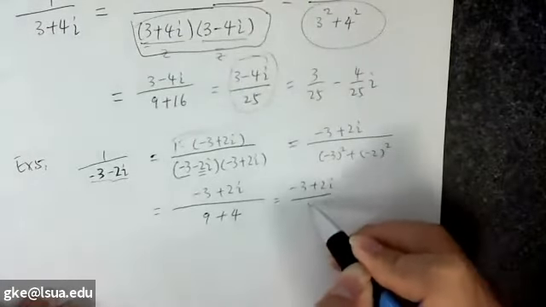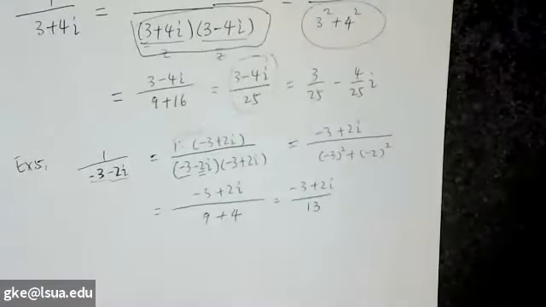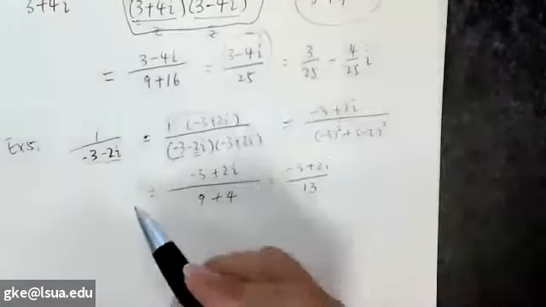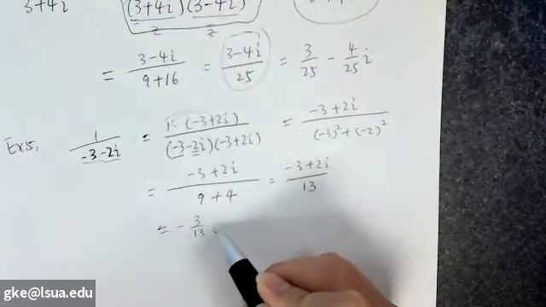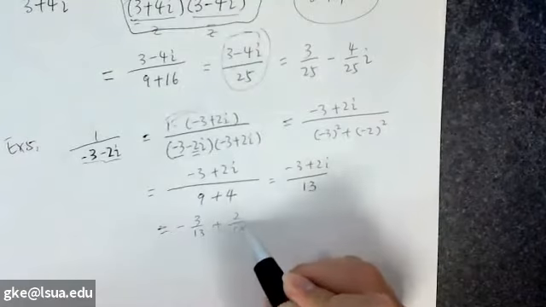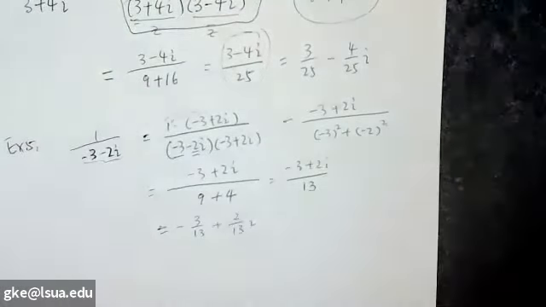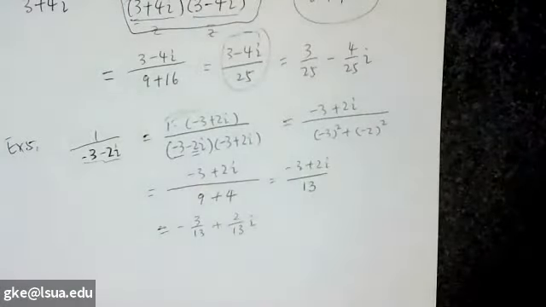We have 13, right? Then we can spread these two terms. Okay, we have this one.